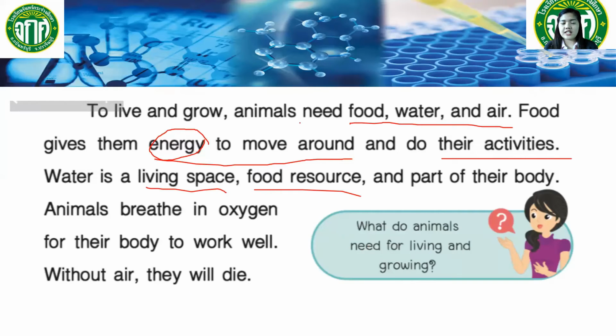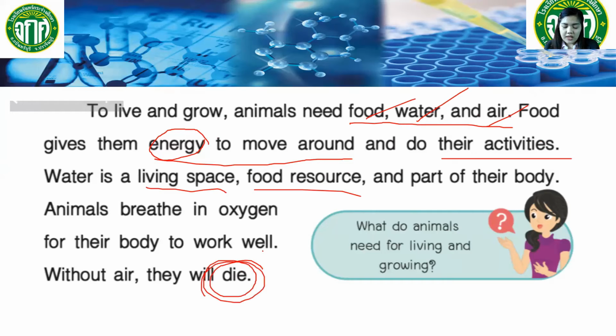Once again, these are the three things that animals need to live and grow: food, water, and air or oxygen. Without these three things, they are going to die.